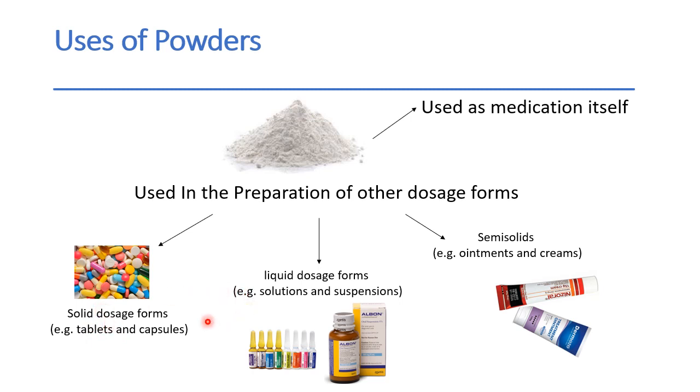They may be dissolved or suspended in solvent or liquid vehicles to make various liquid dosage forms such as vials and oral suspensions or syrups, or they may be incorporated into semi-solid bases in the preparation of medicated ointments and creams. So powders could be used as medication itself, or it could be used in the preparation of other dosage forms.